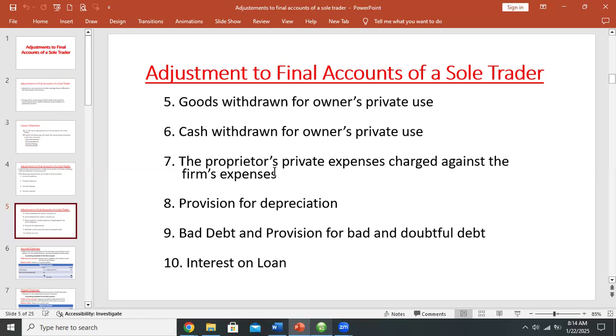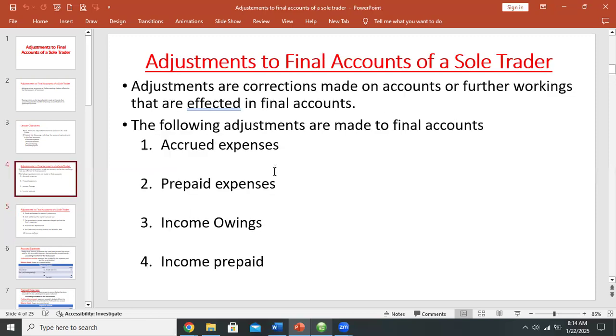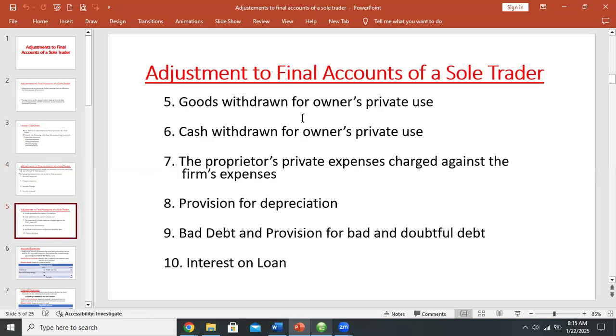Okay. So thank you very much, Prof. So the 10 adjustments begin from accrued expenses, prepaid expenses, income owings, income prepaid, goods withdrawn for owner's private use, cash withdrawn for owner's private use, the proprietor's private expenses charged against the firm's expenses, provision for depreciation, bad debt and provision for bad debt, and finally interest on loan.